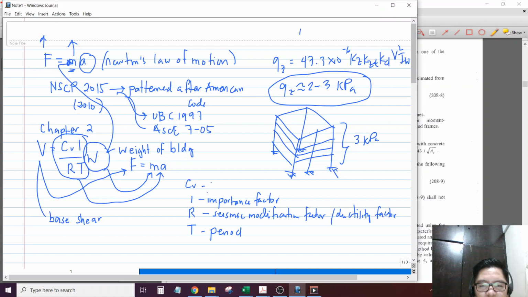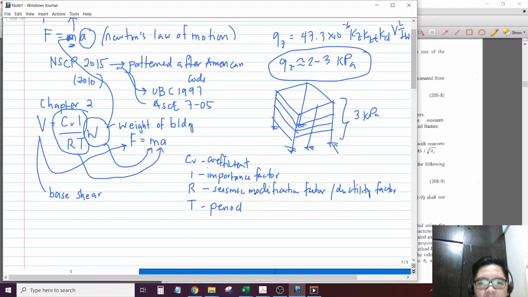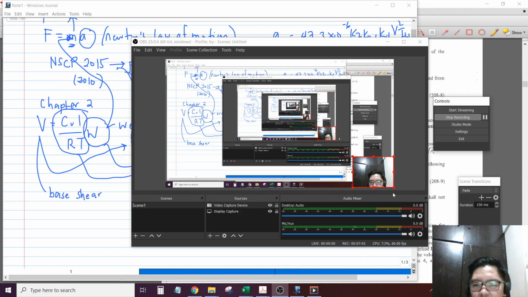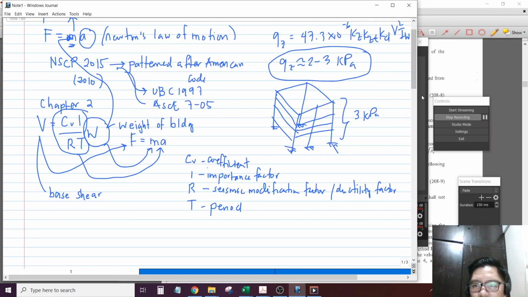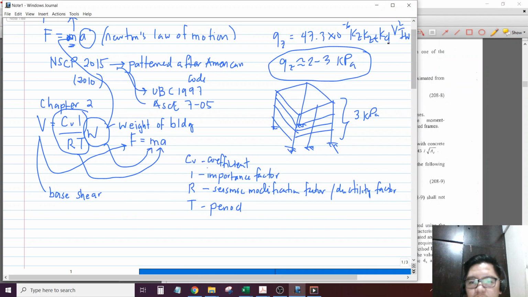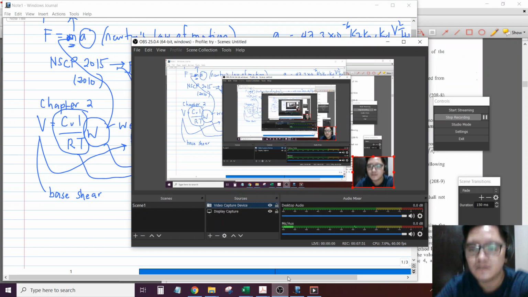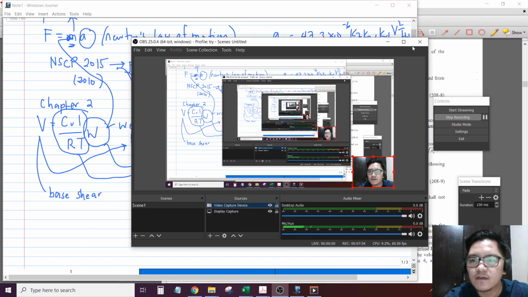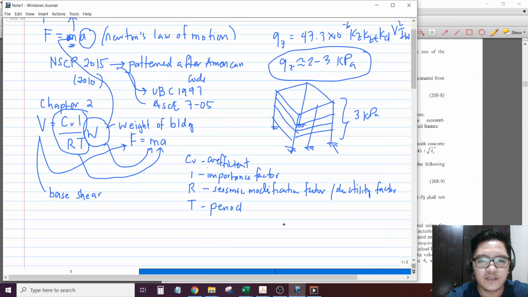Cv is the coefficient. So basically, yan yung ating equation for the static force method. Explain ko to later, how we get this.